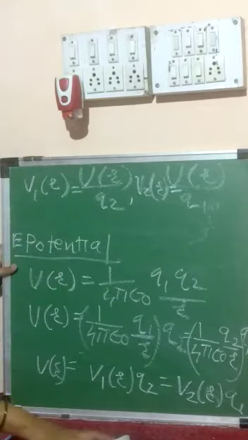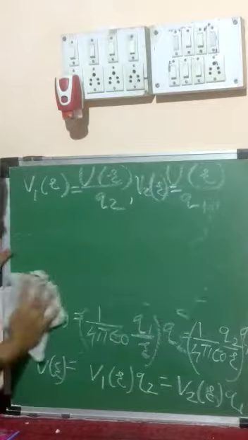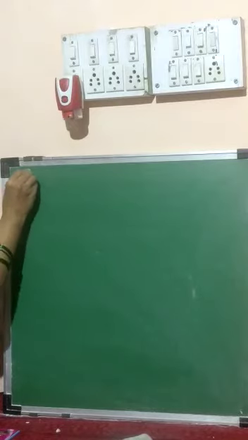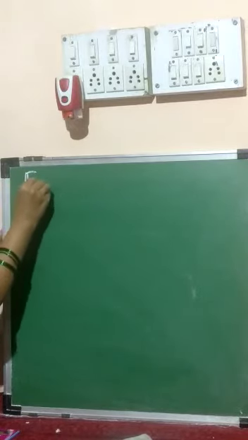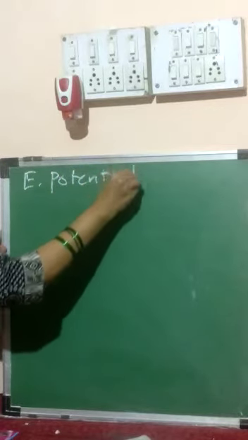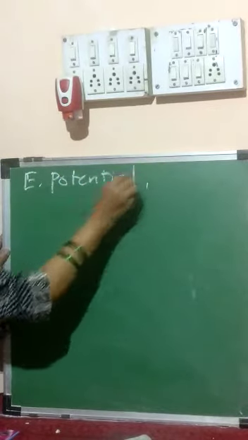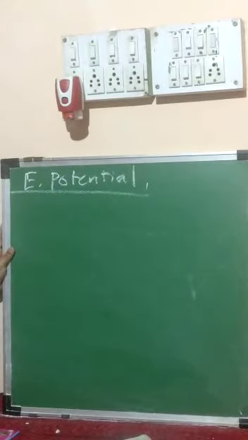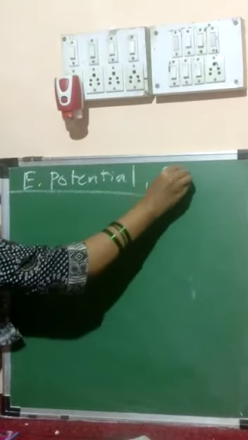Now we switch over to another concept, which is the relation between electric potential and electric intensity. Now we can relate electric potential and electric intensity.